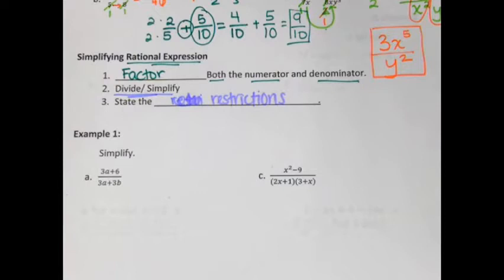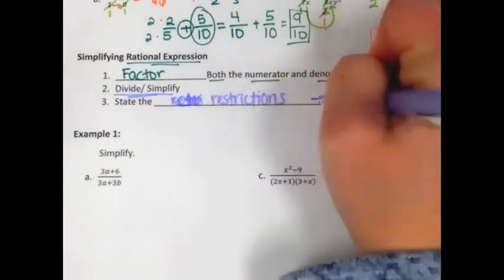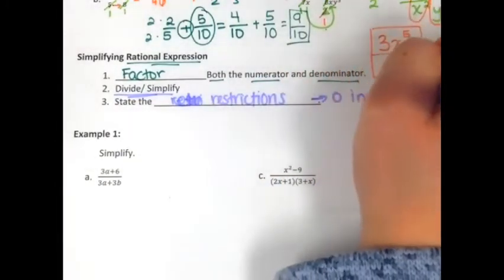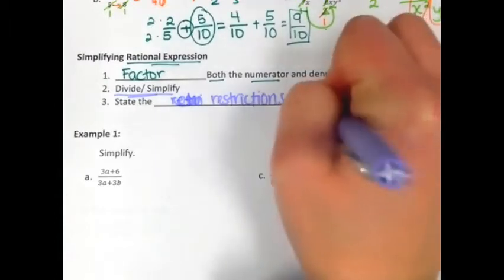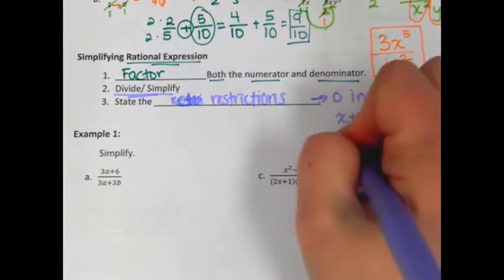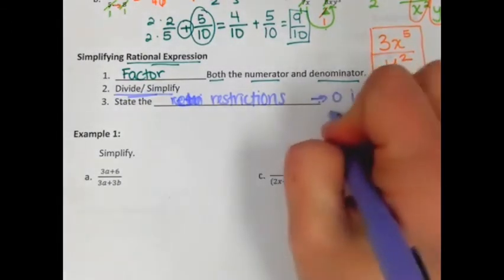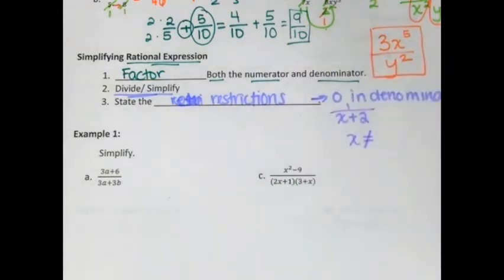The restrictions are, think about a fraction. What is the one number you can never have in the denominator? 0, right? So we can never have 0 in the denominator. So if my denominator is, let's say, 1 over x plus 2, what can't x equal if my denominator would be 0?